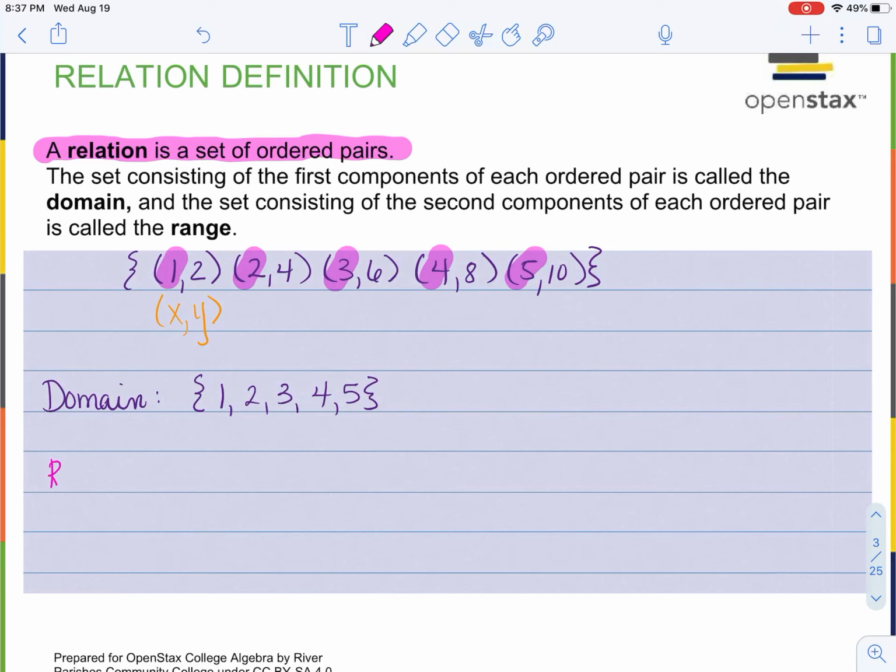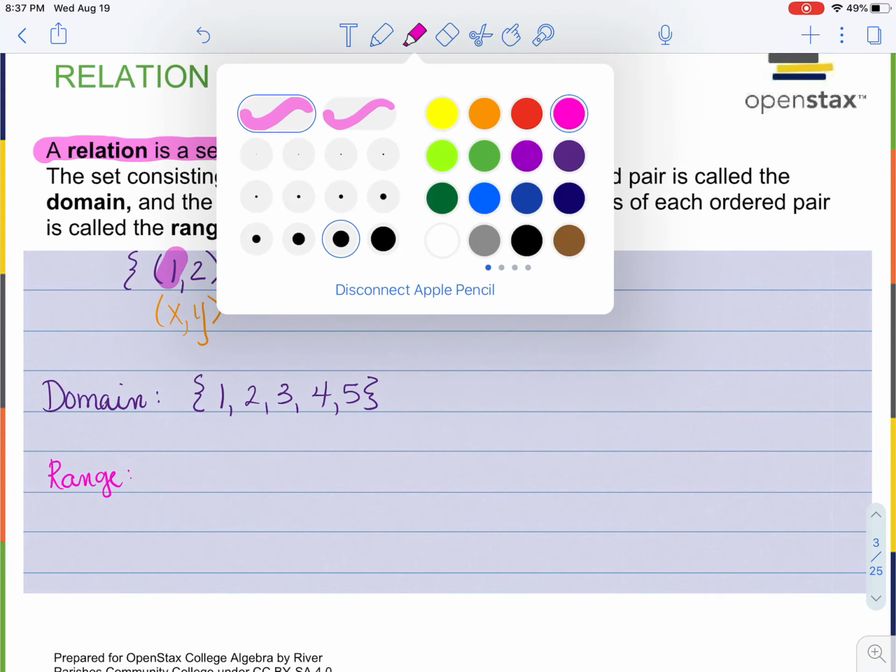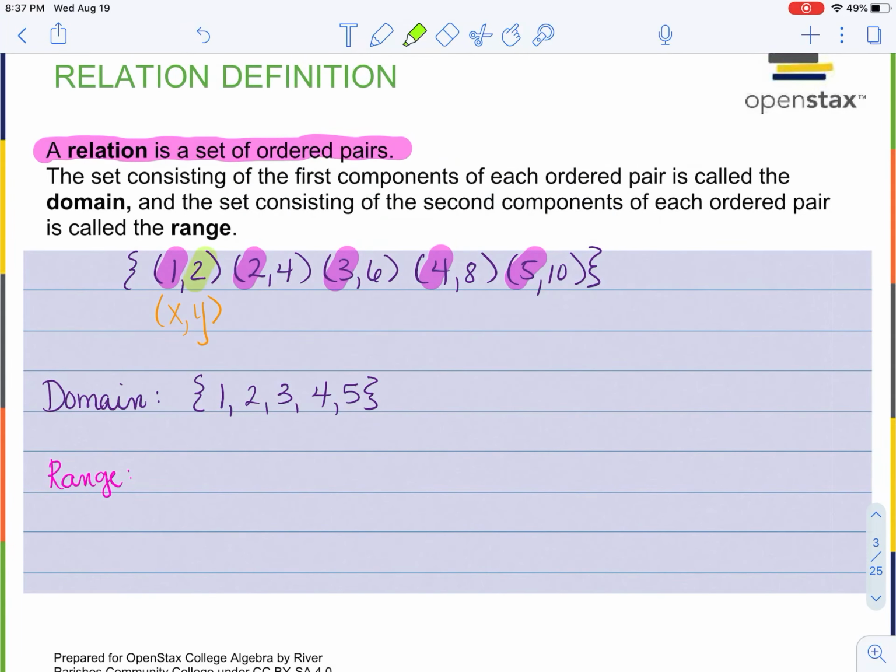The range, that is the set of y's. So the y's, or the output values, are 2, 4, 6, 8, and 10. So in this case, the range is 2, 4, 6, 8, and 10.